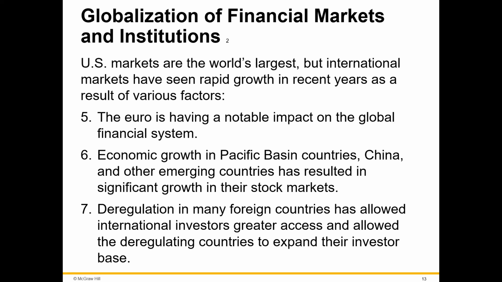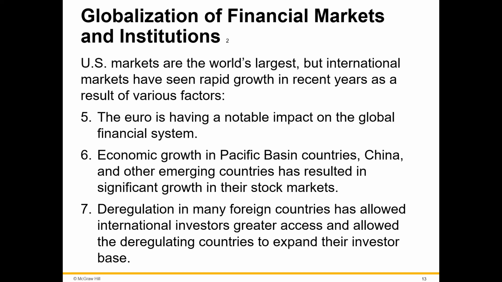So more on the globalization. The euro is having a notable impact on the global financial system. Now let's remember that the euro is maybe like 25 years old or so. So yeah, it sounds like a long time, but it's a young currency compared to everything else out there.